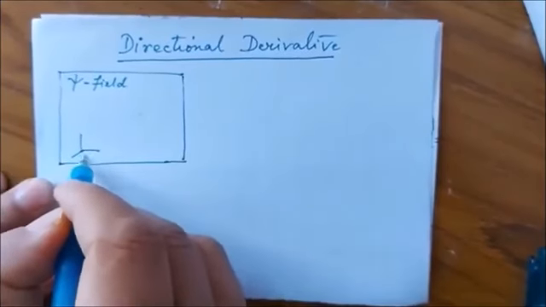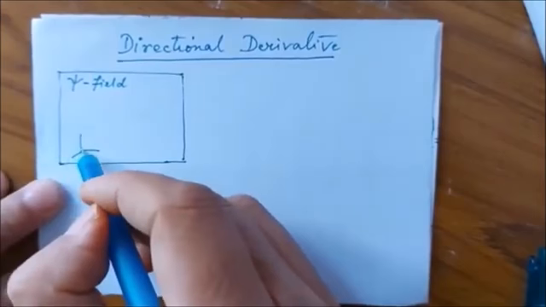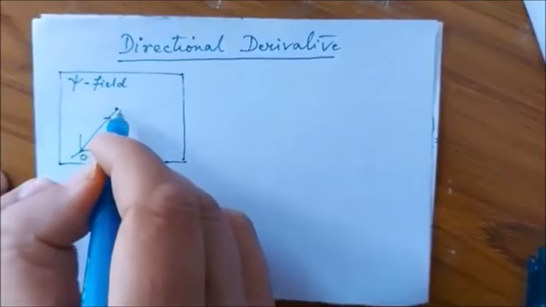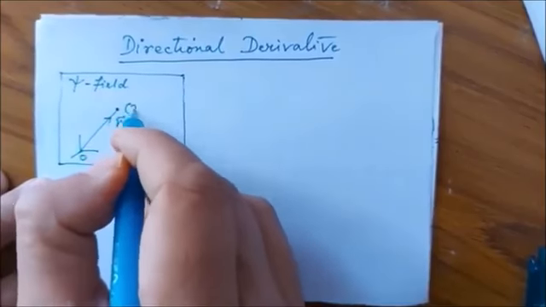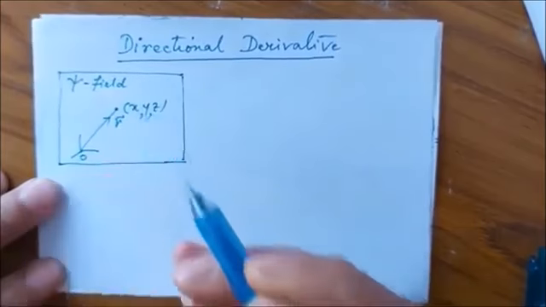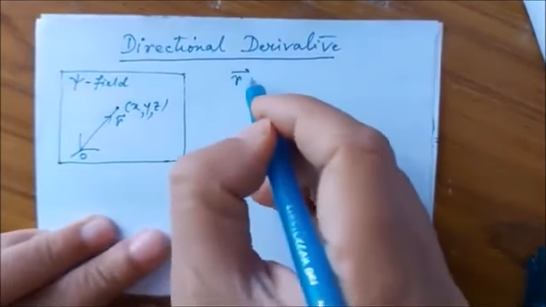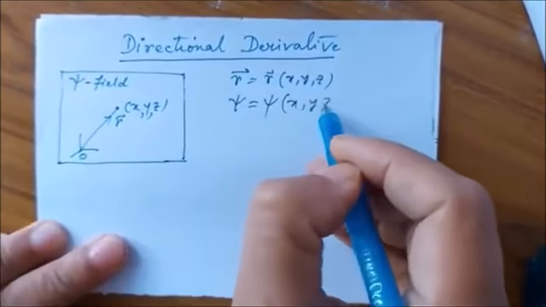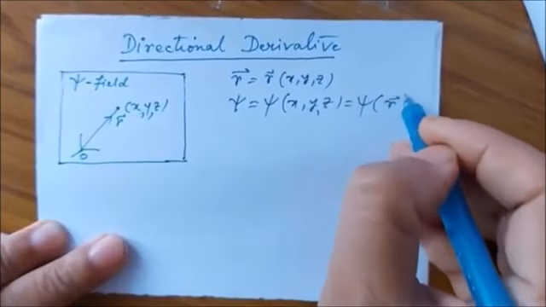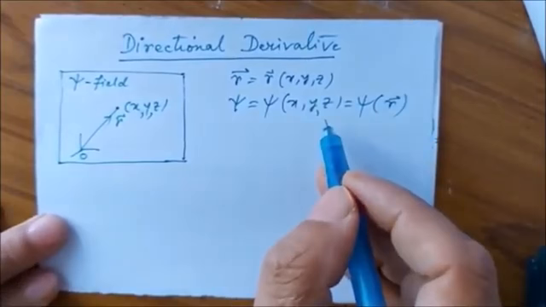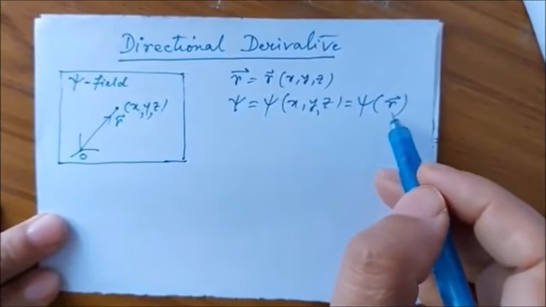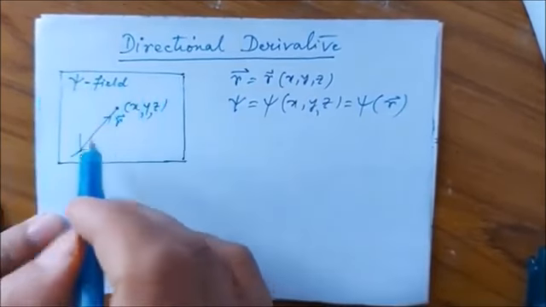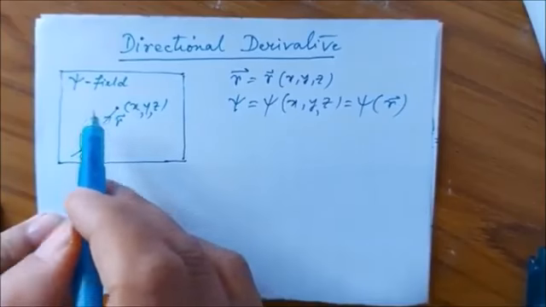So we can take the origin, say here, and let this point have coordinate vector r. So psi is a function of x, y, z, or in other words, psi is a function of vector r. And vector r is the position coordinate of a point in this region where at each and every point psi is defined.